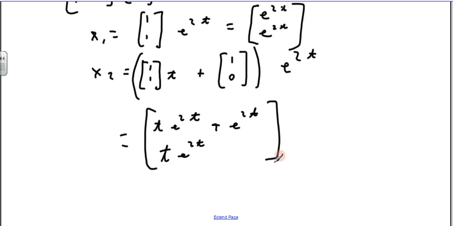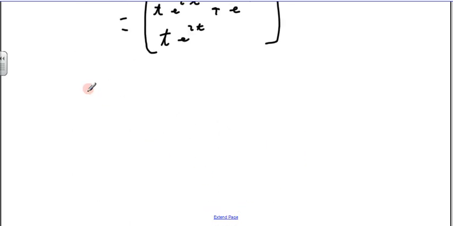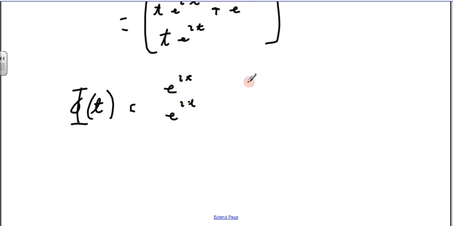Alright, so that being the case, we have iota of t, which is going to be e to the 2t, e to the 2t, we'll call it t plus 1, e to the 2t, and t e to the 2t.